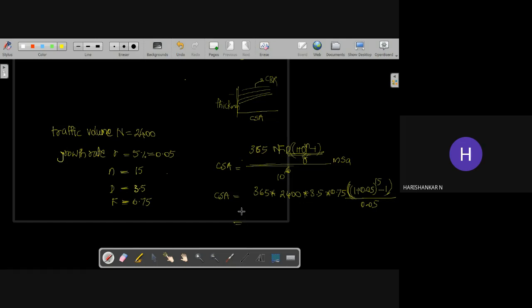Okay, how much will you get? Okay, you will have 49619906 standard axle.